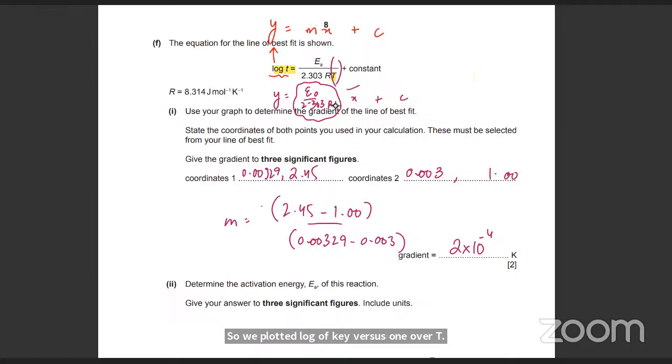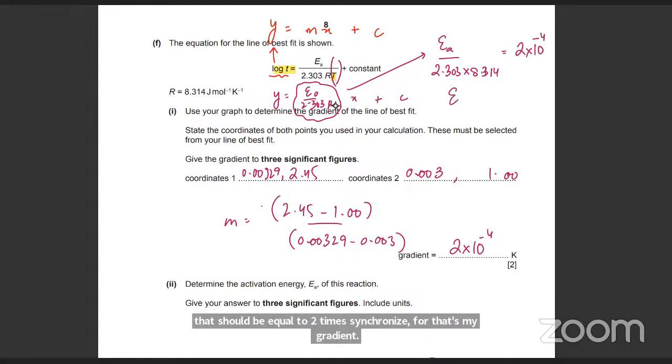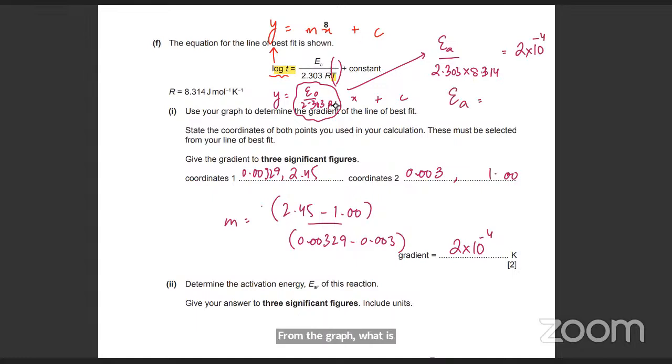So it's E naught. Sorry, EA. That's not E naught. EA over 2.303 R, which is 8.314, should be equal to 2 times 10 power minus 4. That's my gradient from the graph. Dev Dada, what is EA coming out to be?